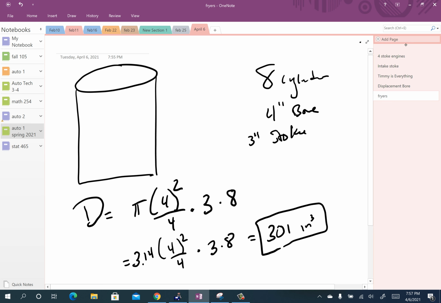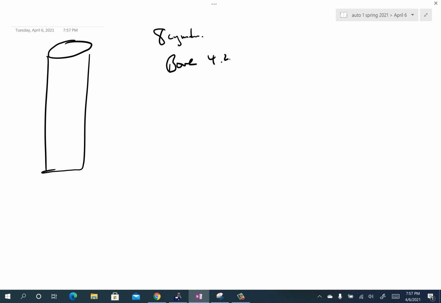All right, let's do another one. Mr. Green, I have an engine that is a V8, an 8-cylinder engine. This one has a bore of 4¼ inches and a stroke of 4 inches.